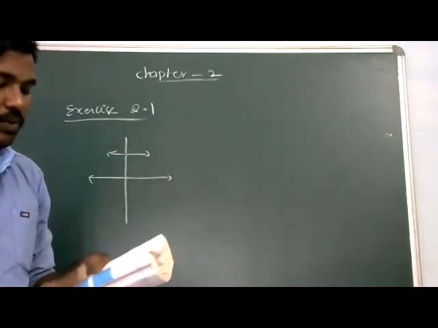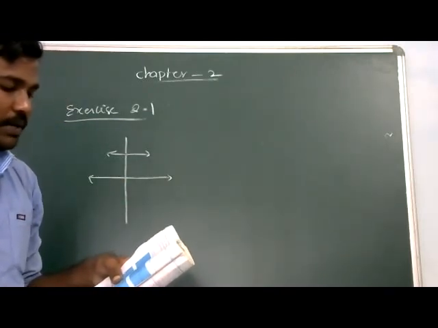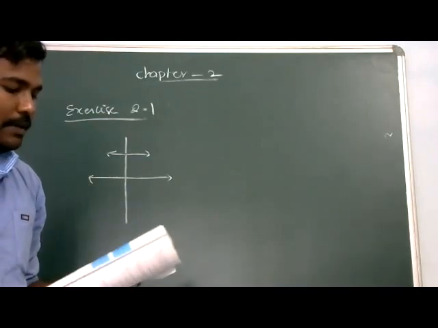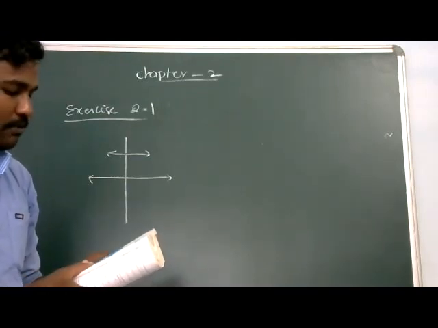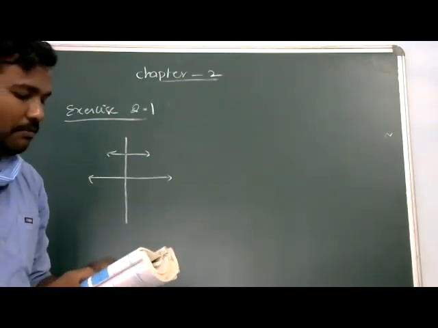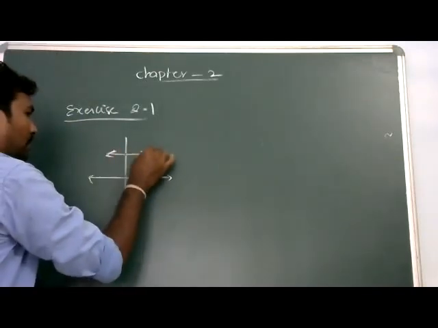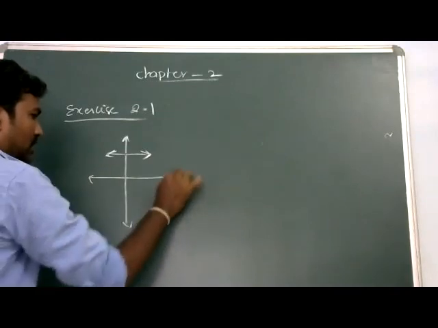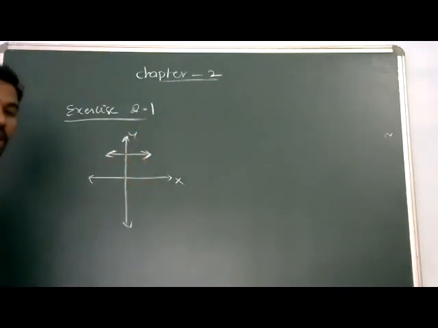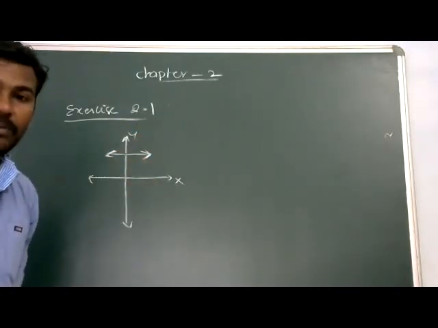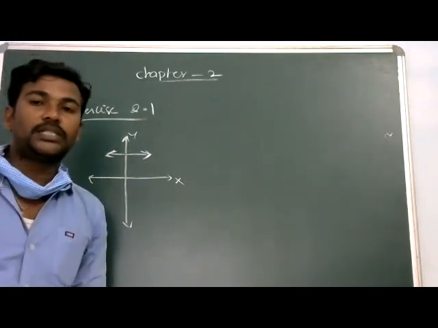The graph y equals p(x) is given in Figure 2.10 below. For some polynomials p(x), find the number of zeros of p(x) in each case. This is the given graph, and this one is the x-axis and y-axis. How many zeros are there? What is our concept?